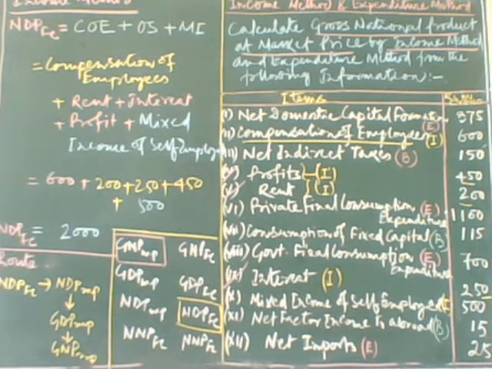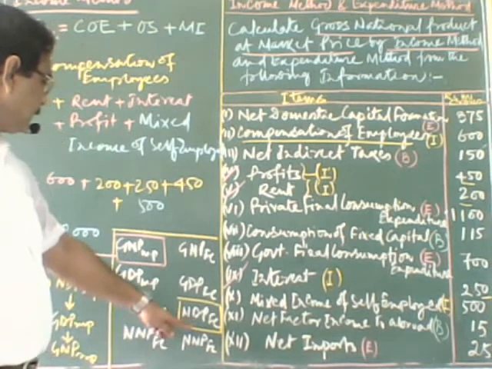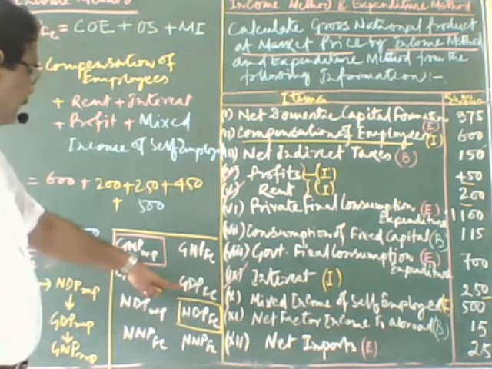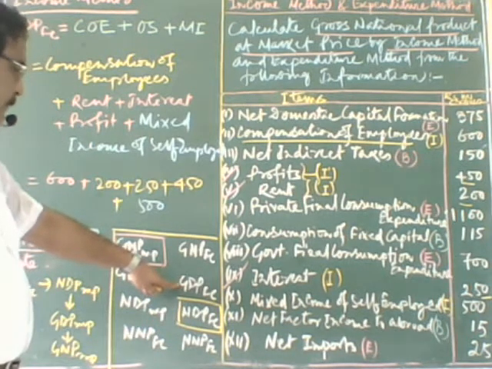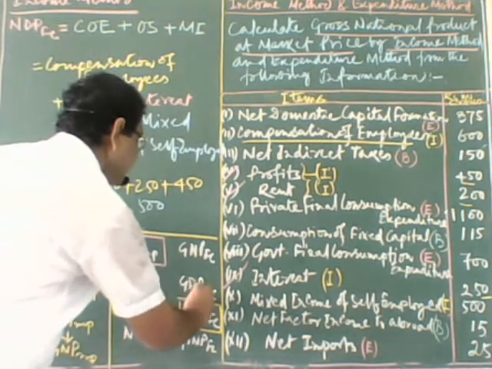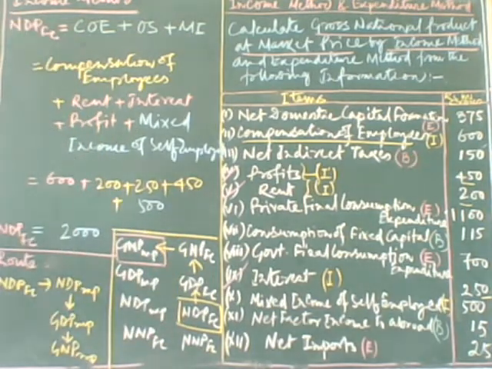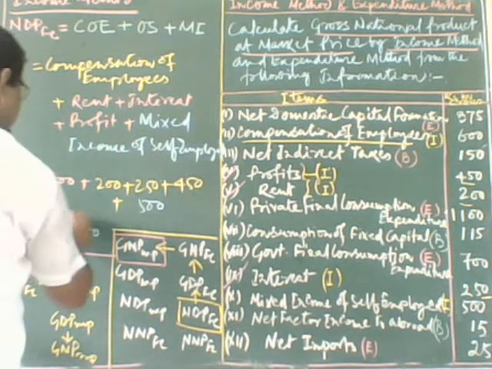Another route is also there, that is from NDP factor cost, next you can calculate the value of GDP factor cost, next GNP factor cost, next GNP market price. This route also you can follow. Now NDP factor cost, that value is this one.